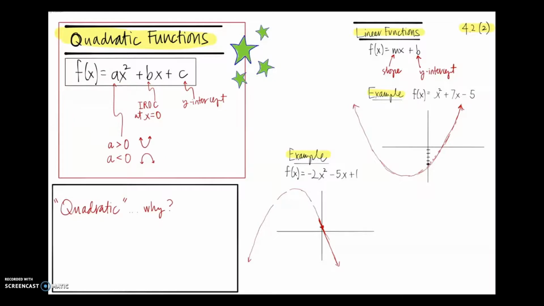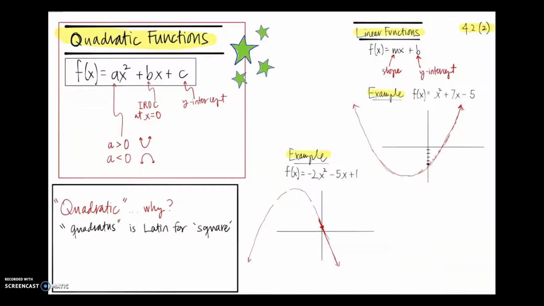And the answer is that quadratus is Latin for square. And one of the reasons this second power is even called squared in mathematics is because when you're dealing with the area of a square, you square the sides, right?